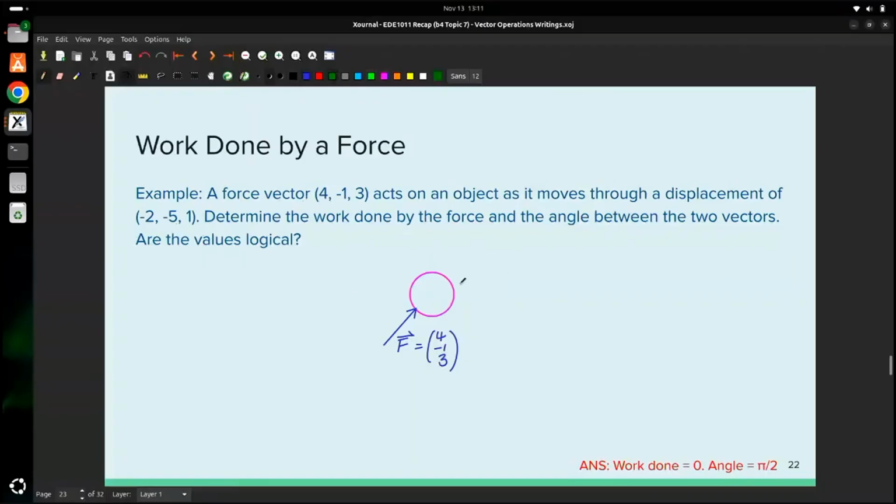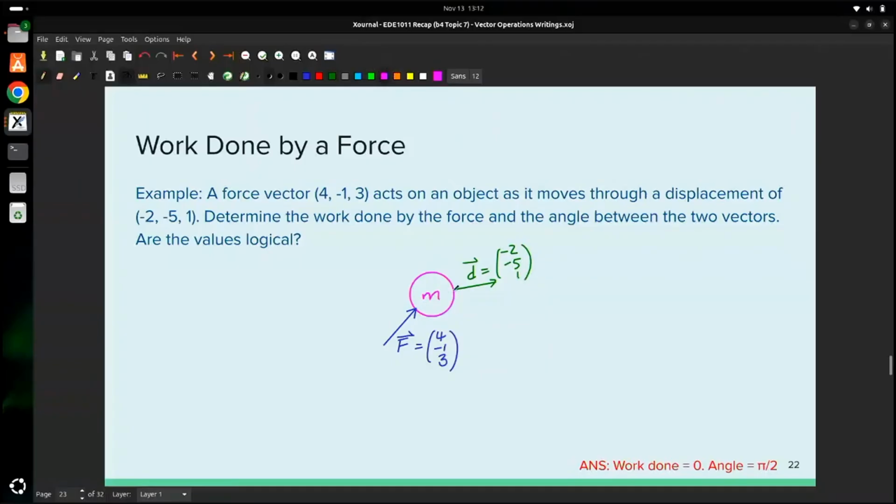I'm not exactly sure what this displacement looks like, but let's say this green vector is the displacement vector D, equivalent to -2, -5, 1. So we have a mass, the force is acting on the mass, and the mass moves through the displacement D.